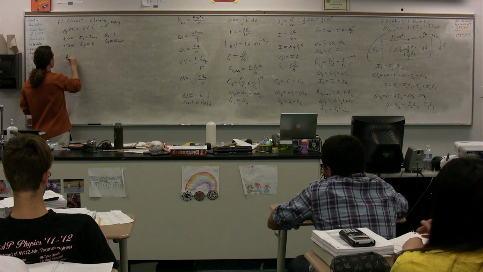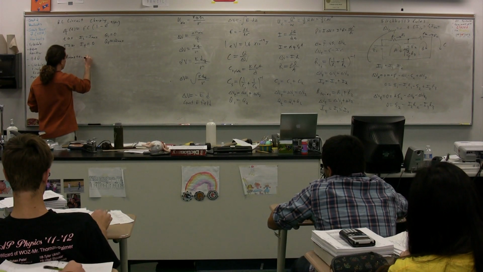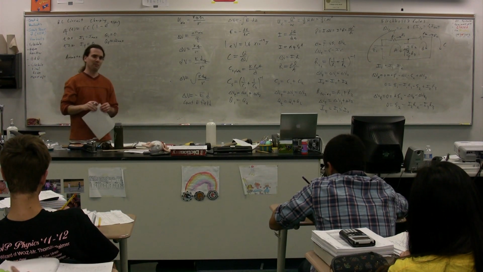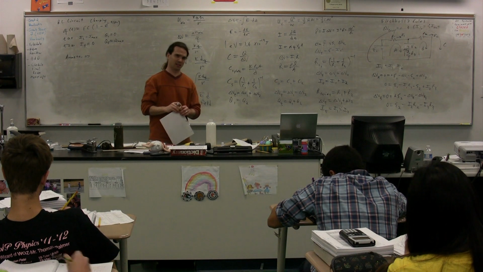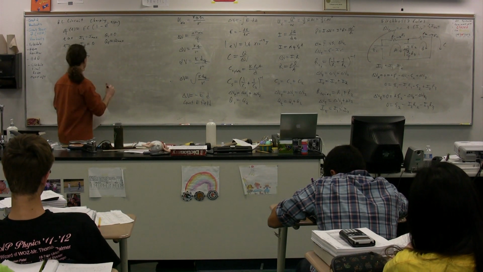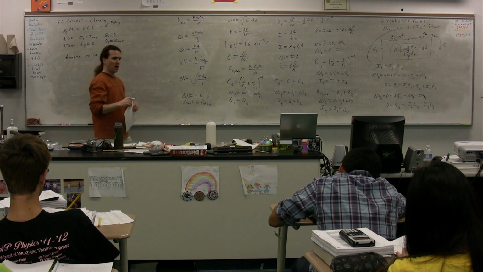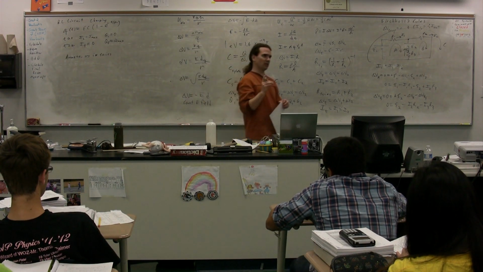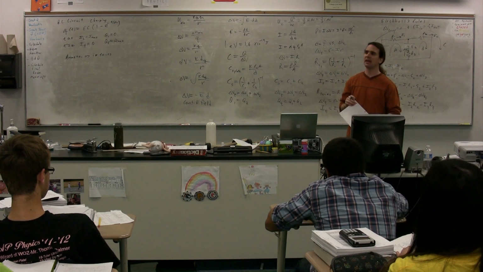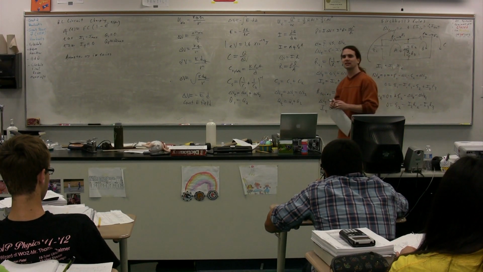An ammeter. You place an ammeter in series or in parallel? In series. What is the resistance of an ammeter, considering the fact that it is going to be placed in series?